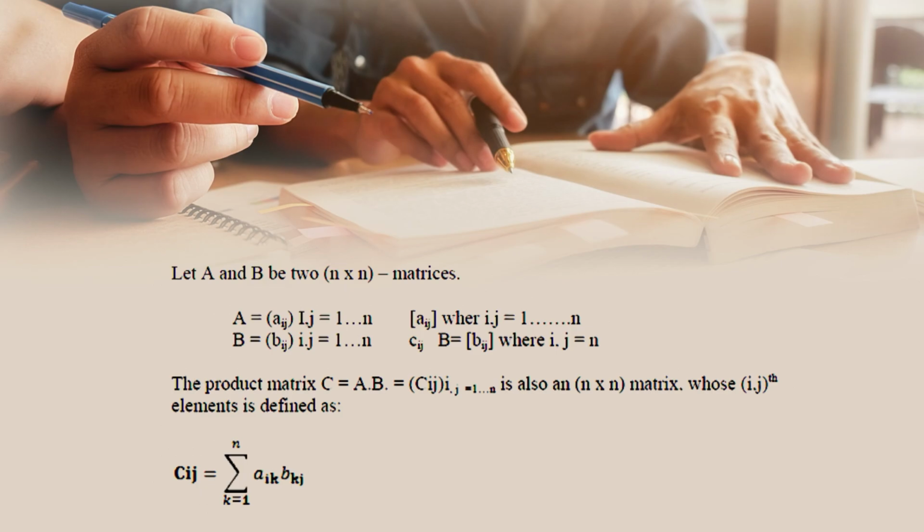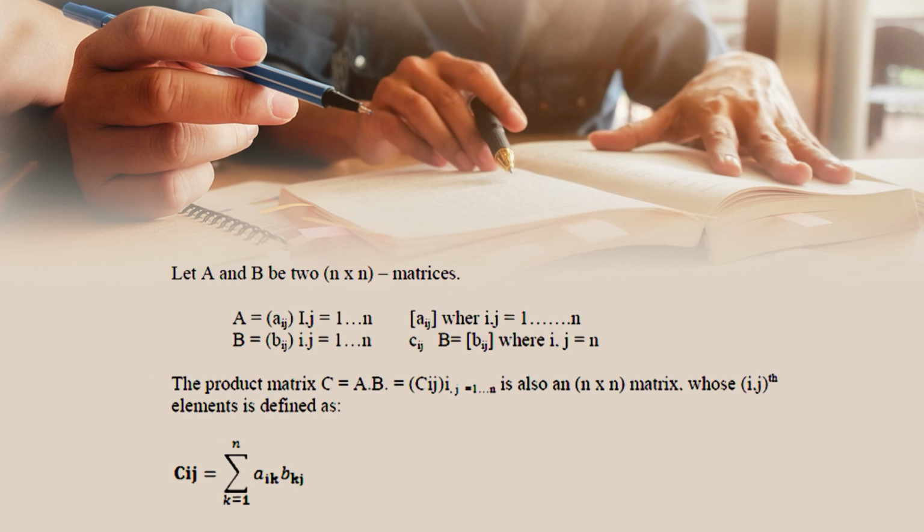Okay, so how is simple matrix multiplication taken care of? When you take the value A, where A is a matrix, i and j represent the row and the column: i represents the row and j represents the column.